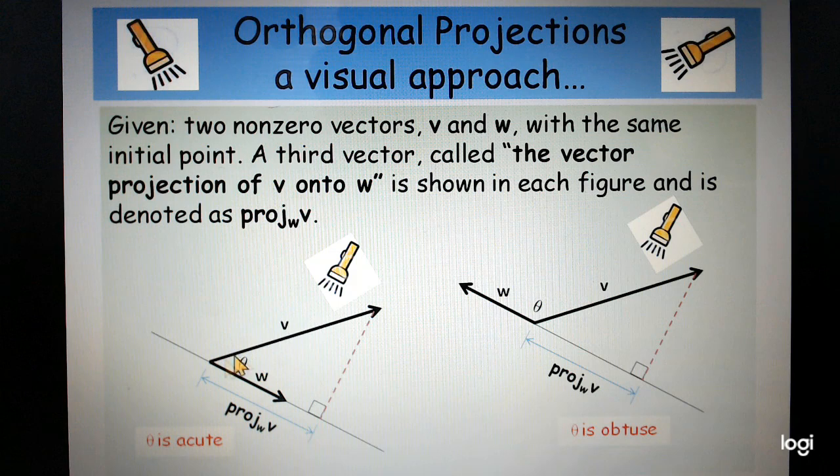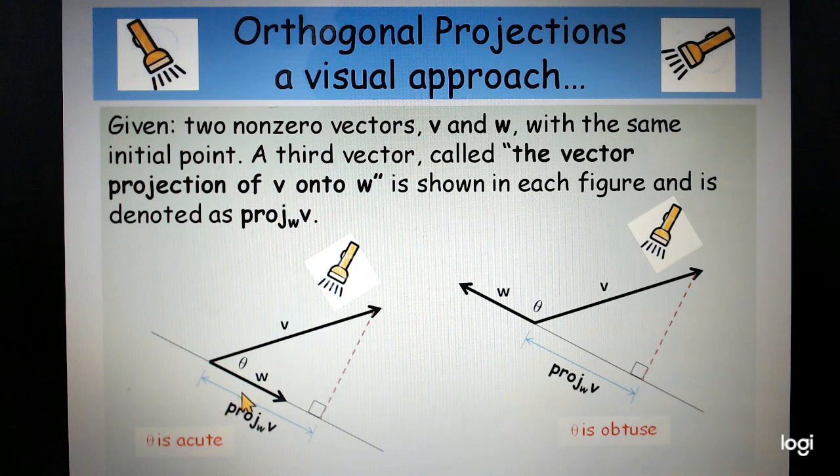Here's a situation where theta is acute, and here's a situation where theta is obtuse, okay? So a third vector called the vector projection of v onto w is shown in each figure and is denoted as this. So it's the projection of v onto w.